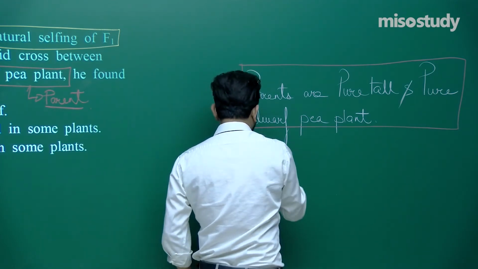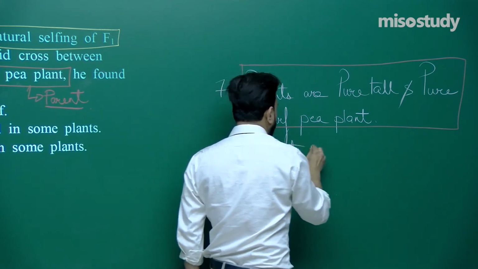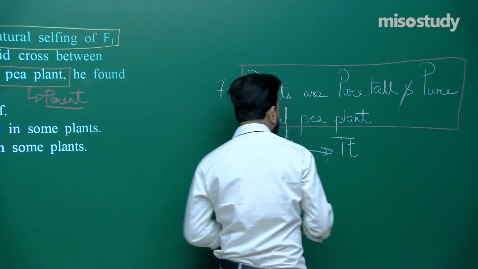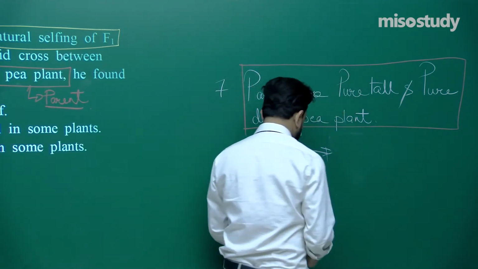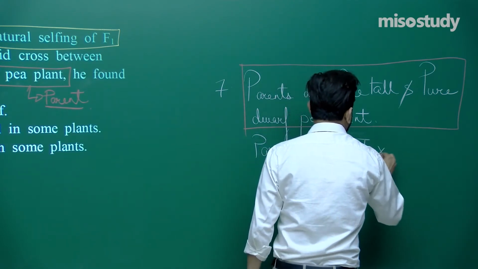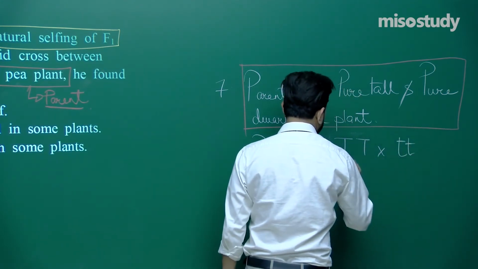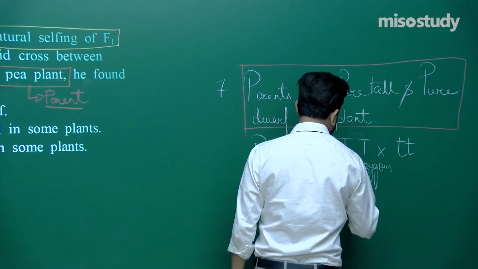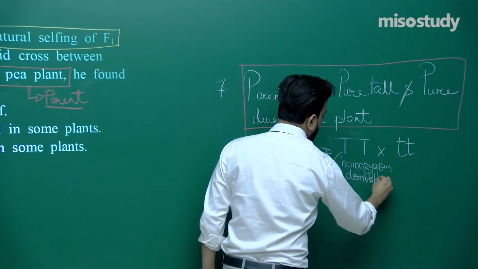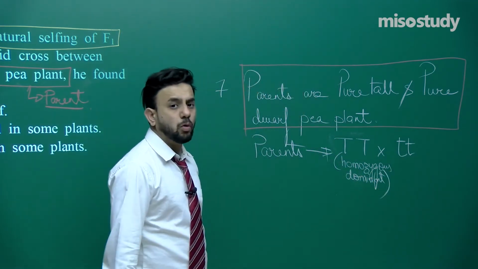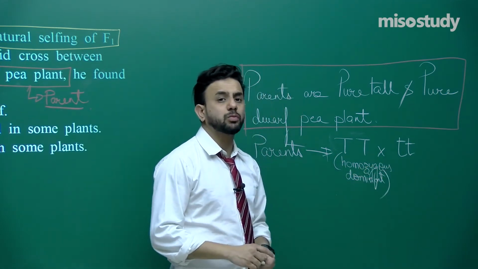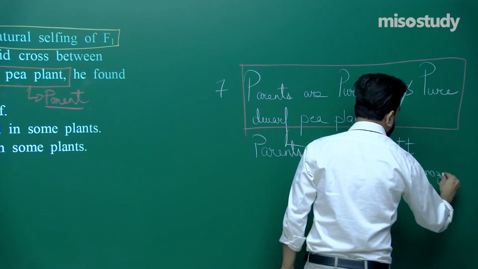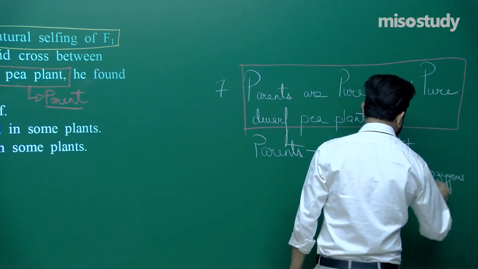So if I write the parents, what will they be? Capital T, sorry, pure tall, so homozygous dominant condition we have to take, and for pure dwarf the homozygous recessive condition. So this is homozygous dominant, right? And this is the homozygous recessive condition.